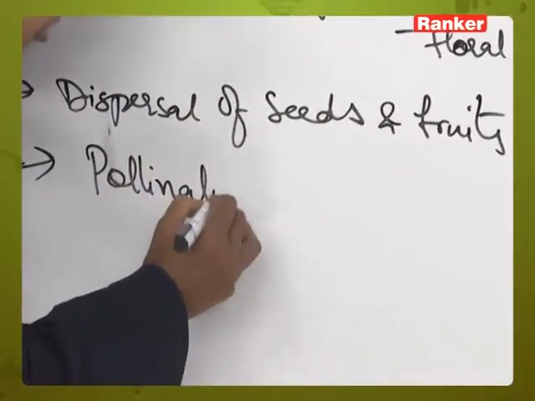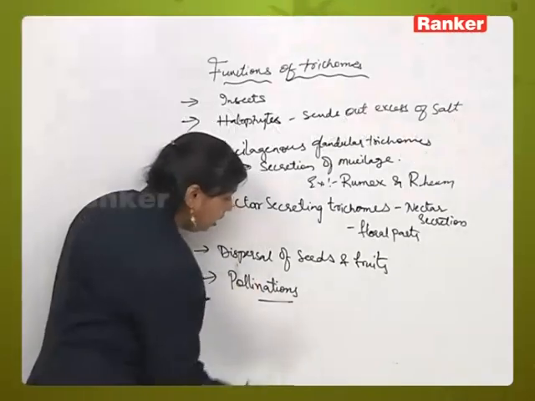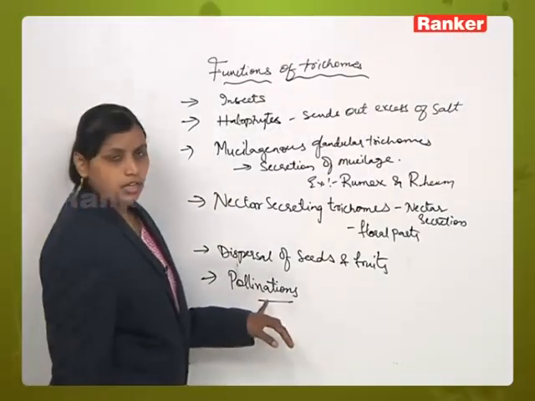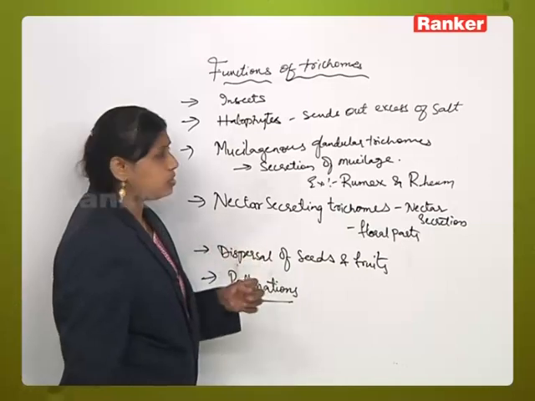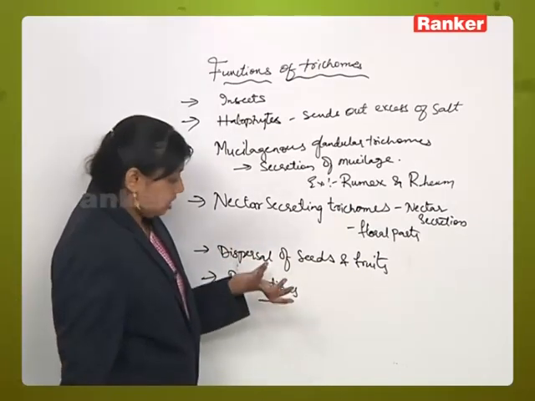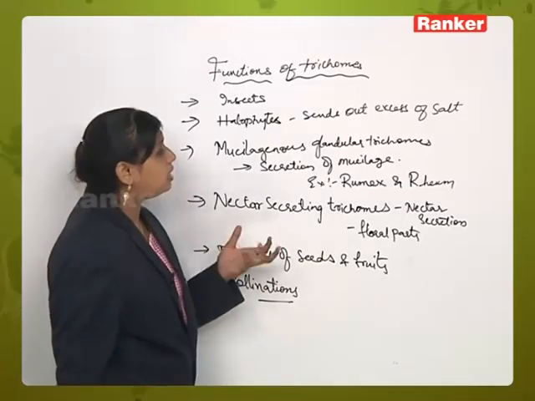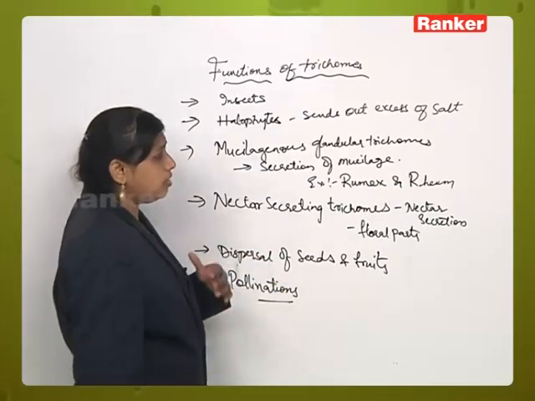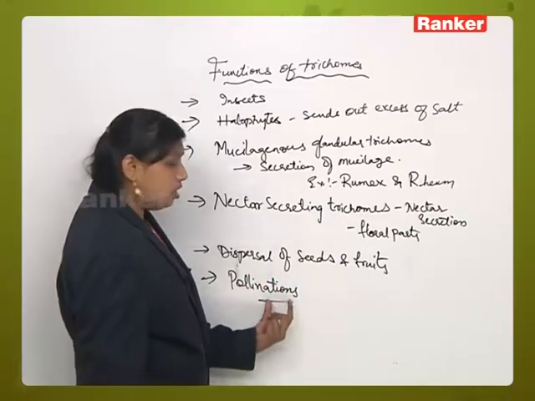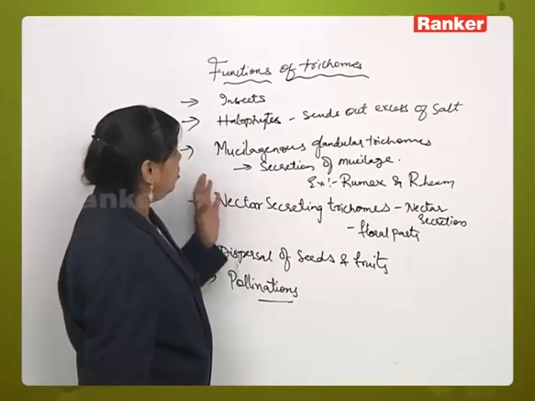Indirectly, these trichomes are helpful in undergoing pollination. There are some trichomes present in the floral regions, and this type of hairs makes the floral parts functional during the process of pollination. So these are a few functions of trichomes.